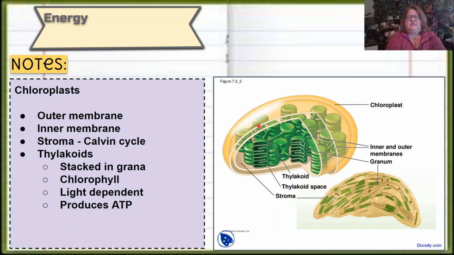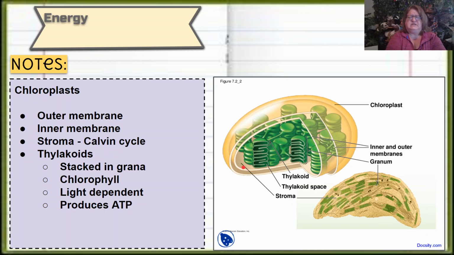The thylakoids are in stacks called grana, and they're the ones that capture the light energy, so they're light dependent, and they're going to produce ATP. And that ATP, that energy molecule, is going to be used to make sugars.